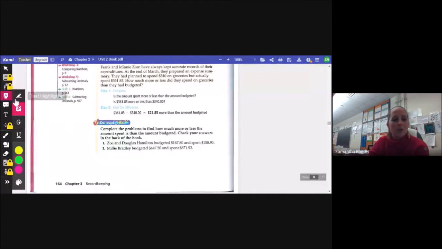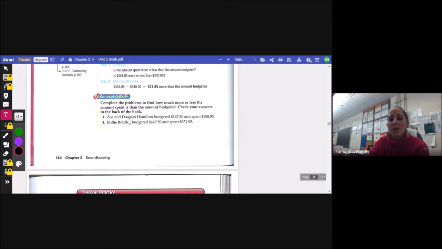Looking at our concept check, complete the problems to find how much more or less the amount spent is than the amount budgeted. Number one, Zoe and Douglas Hamilton budgeted $167.80 and spent $158.90, which is less.